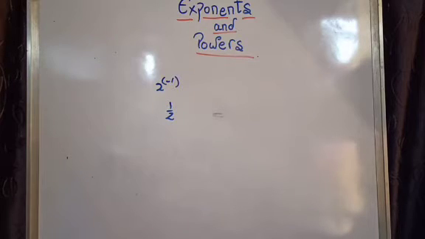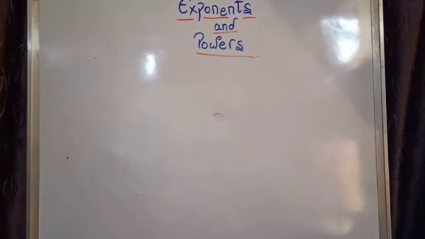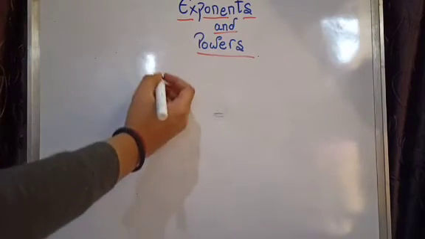Okay. So now one thing that is given: x to the power of minus n will always result as 1 over x to the power of n.